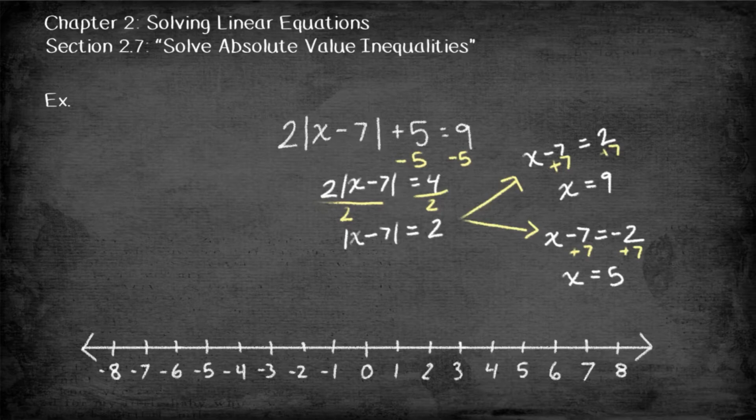And let's graph them. So here's 5. Let's pretend 9 is right here. To check, we're going to plug both of our answers in and simplify.